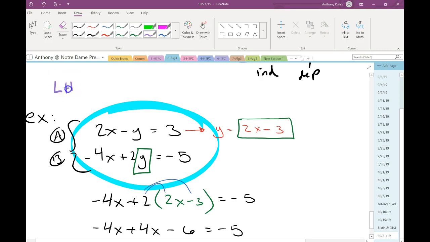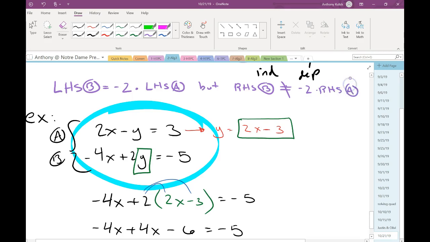Notice that the left-hand side of equation B is equal to -2 times the left-hand side of equation A, but the right-hand side of equation B is not equal to -2 times the right-hand side of equation A. Did you guys see that?